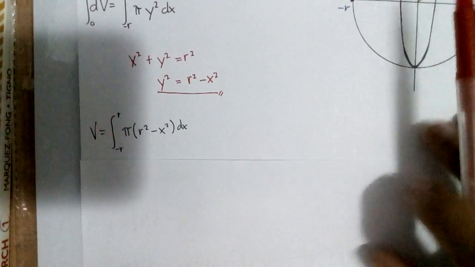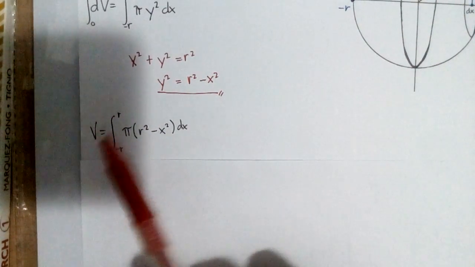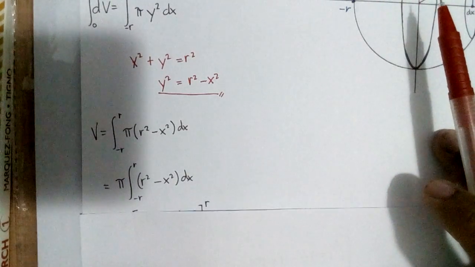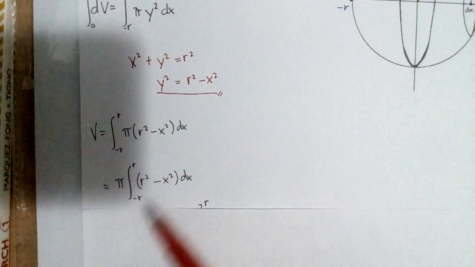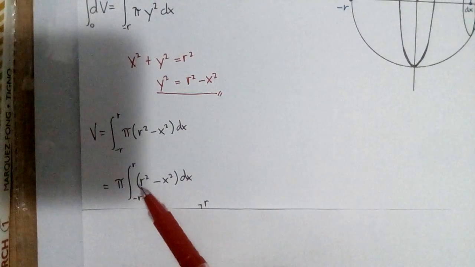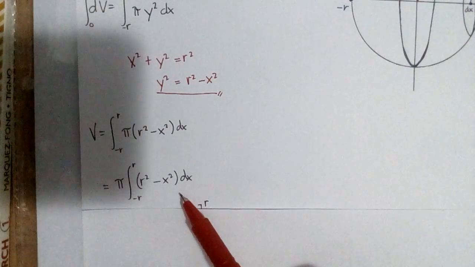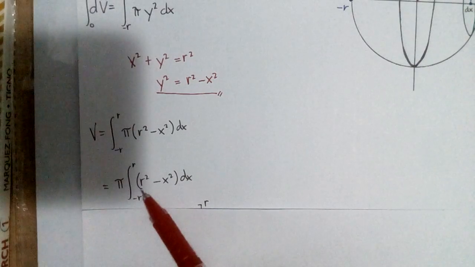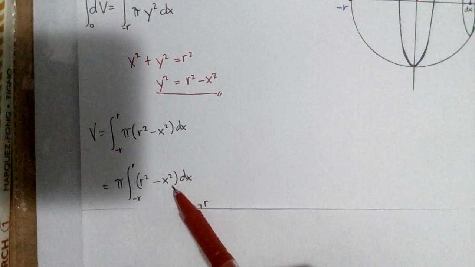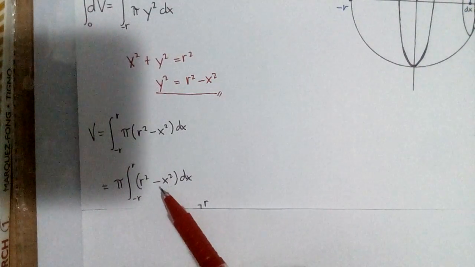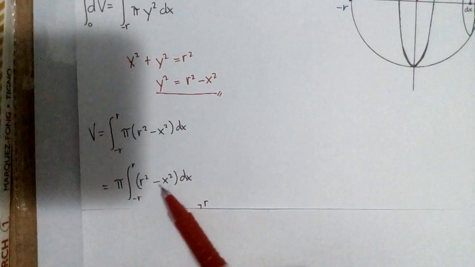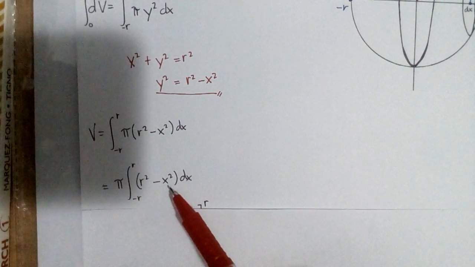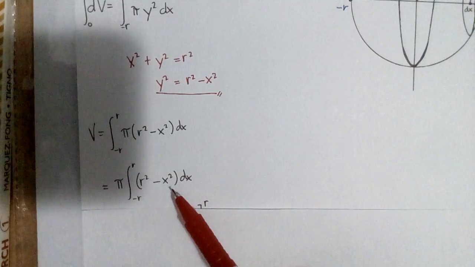Now, bring out our constant pi outside, you get pi times the integral of r squared minus x squared dx from the limits -r and r. Well, r is a constant, so we only need to integrate only -x squared.